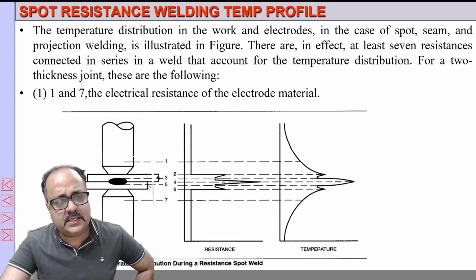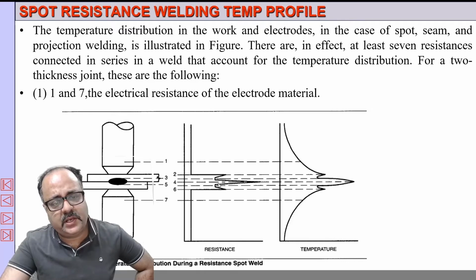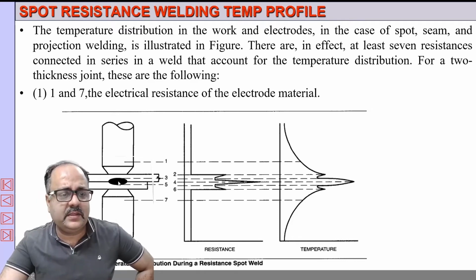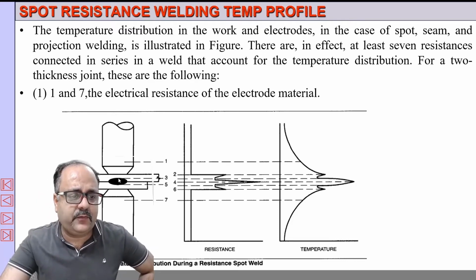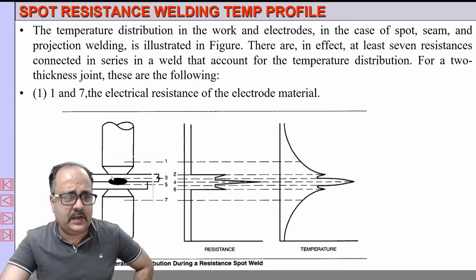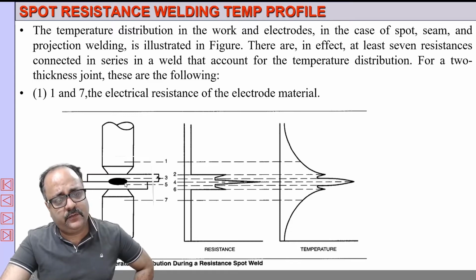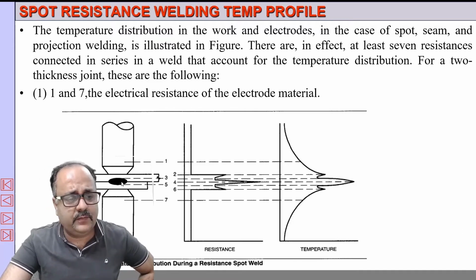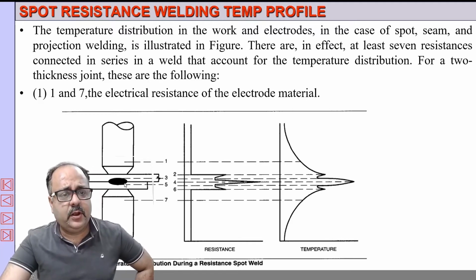Now suddenly at this point, the junction 4 is very important for us. We want the temperature to be maximum at 4, and actually the temperature is maximum at 4. Therefore the weld nugget takes place at junction 4, because the interface, or the faying surface, has high resistance to the flow of electric current, and therefore H = I²Rt.